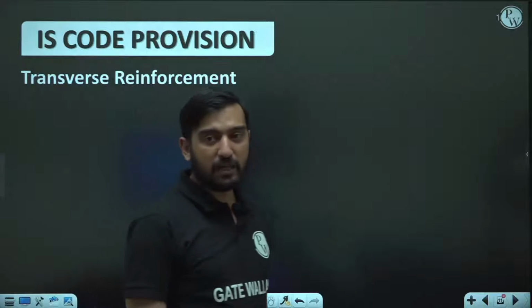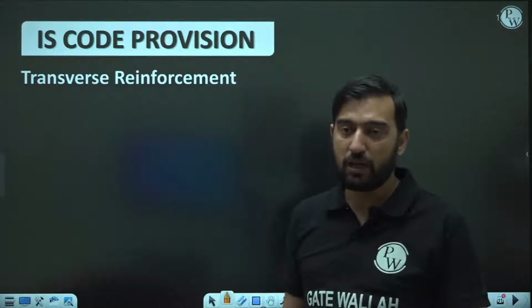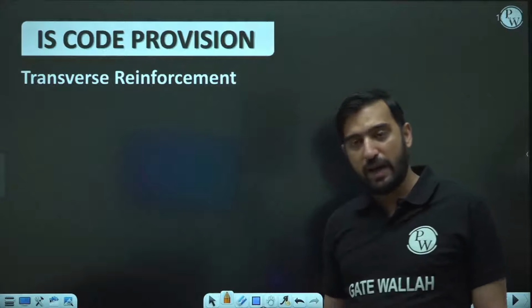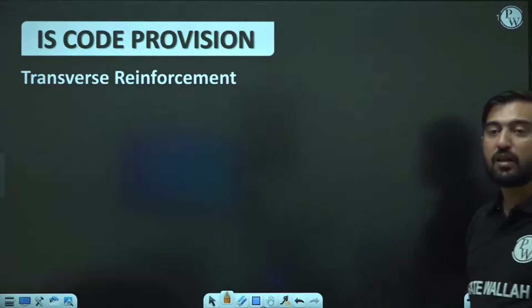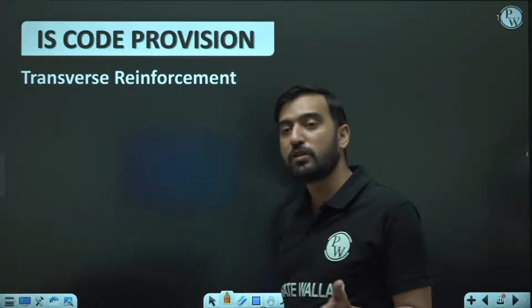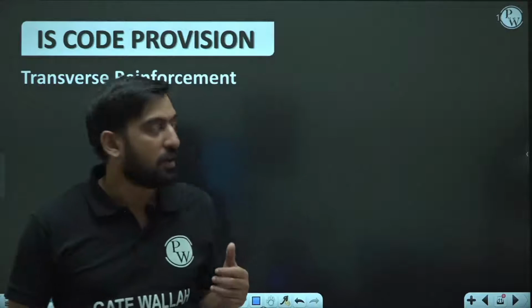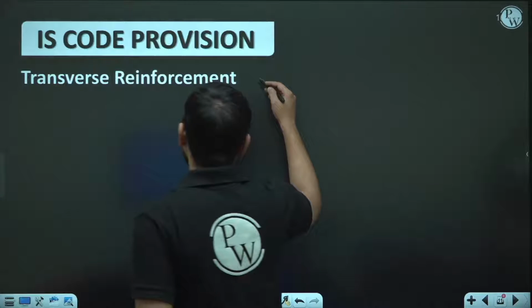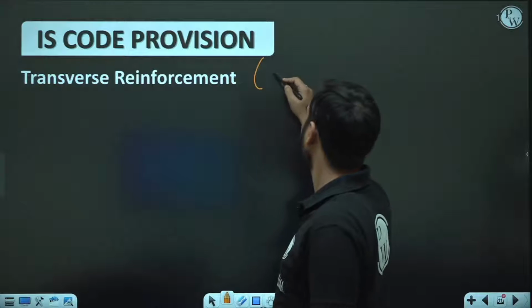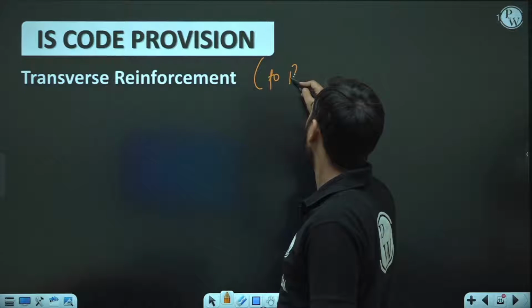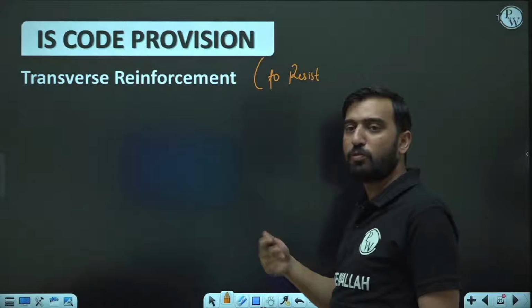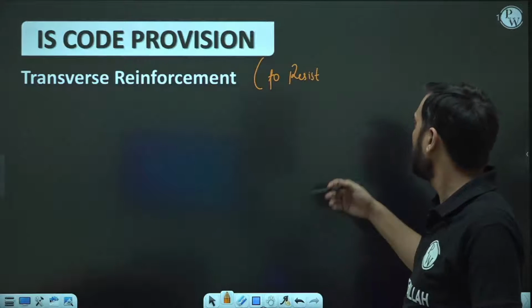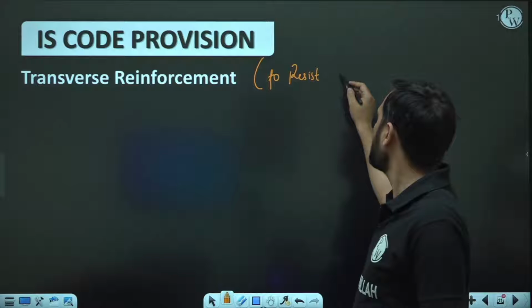But the prime task of shear stirrups in beams is to resist shear force, and here the prime task of lateral ties, or transverse reinforcement, is to resist buckling. Make a note here. It is also true that it is going to take the lateral load and prevent shear in your column, but the prime reason is to resist buckling.